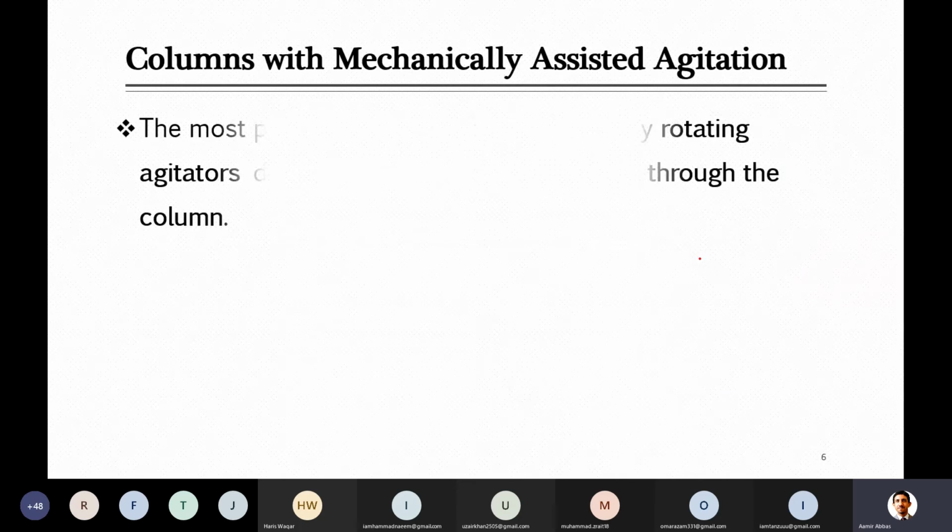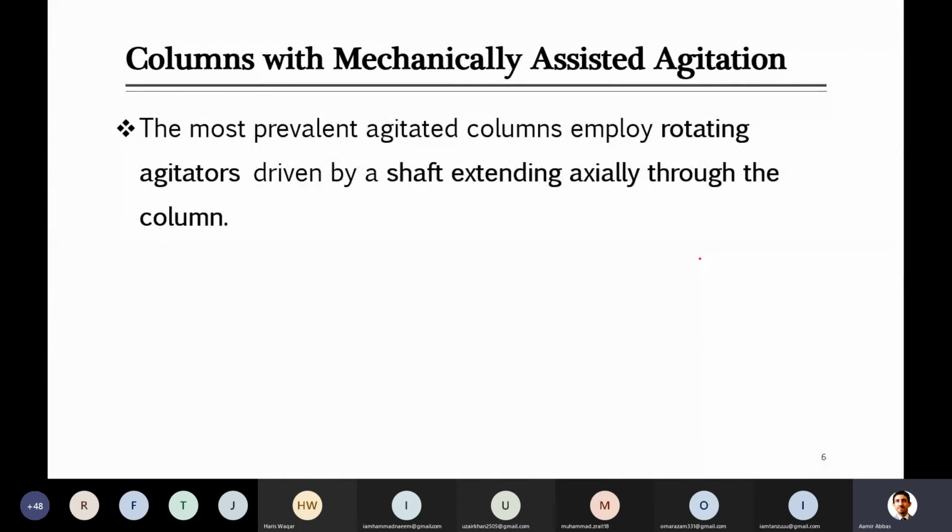But let's look here at some other equipment which are built in totally different ways as compared to the previously discussed equipment. The major application you will see here is the installation of rotating elements on a shaft. For example, we can put one shaft inside the whole column, and we can install some rotating agitators.